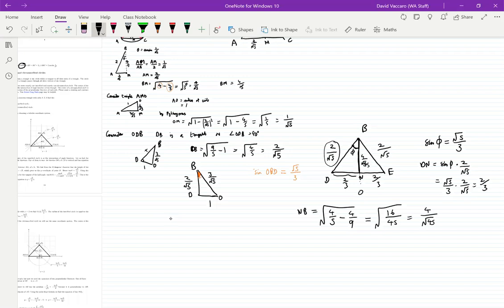And now the area is 1/2 base times height. So this is the area of DEB. The base of the triangle is 2 lots of 2/3, so that's 4/3.